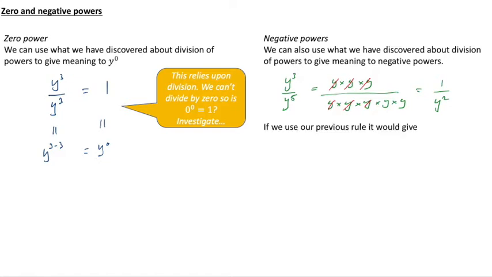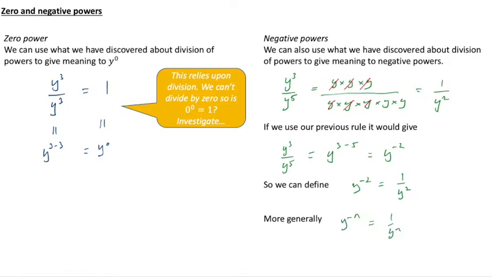Now, if we use our previous rule, then we'd have y cubed over y to the power of 5 is equal to y to the 3 minus 5, which is equal to y to the minus 2. And so we can define y to the minus 2 as equal to 1 over y squared. More generally, we can say that y to the power of minus n is equal to 1 over y to the power of n.